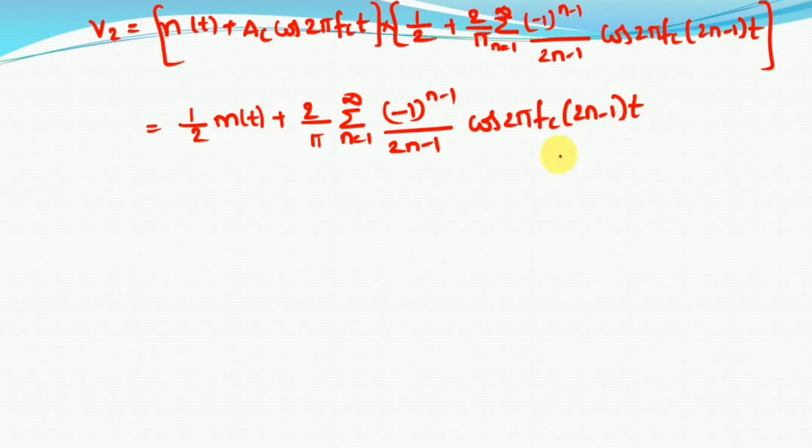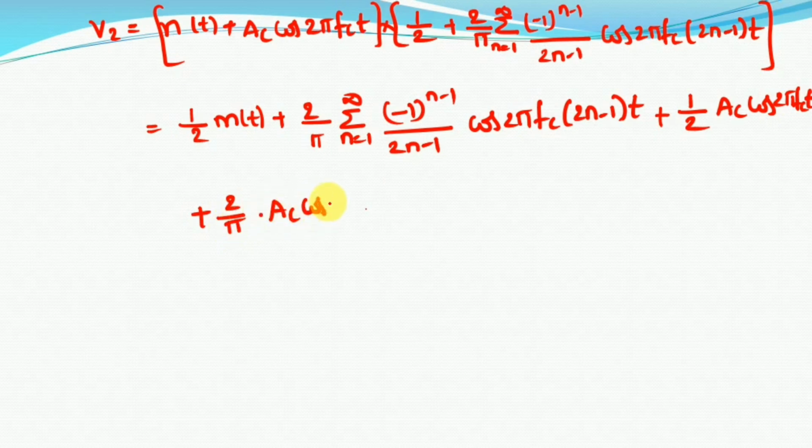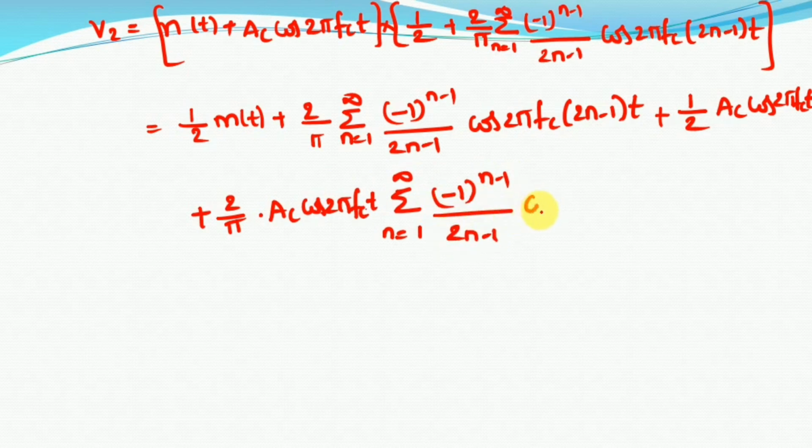Next multiply the Ac value, we will get 1 by 2 into Ac cos 2 pi fct plus 2 by pi into Ac cos 2 pi fct sigma n equal to 1 to infinity, minus 1 whole power n minus 1, by 2n minus 1, into cos 2 pi fc into 2n minus 1 into t.